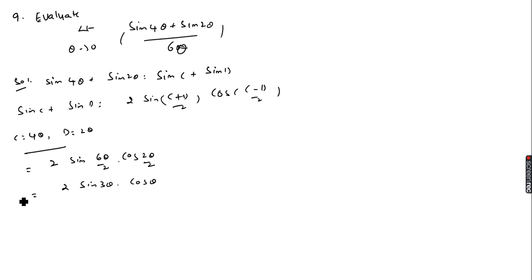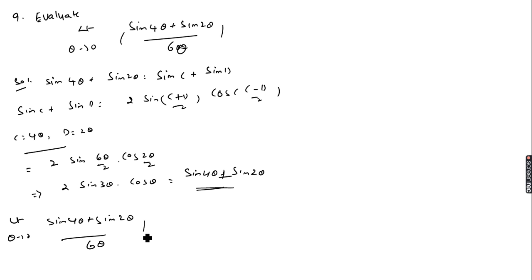So this is nothing but the value of sin 4 theta plus sin 2 theta. Whereas we need to find the limit as theta tends to 0 of (sin 4 theta plus sin 2 theta) divided by 6 theta.